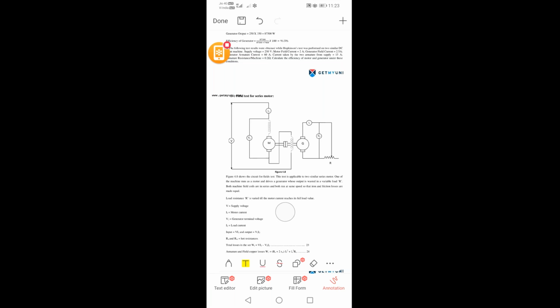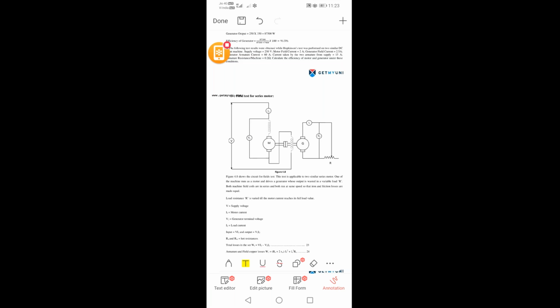Now in these two series motors, one of the machines runs as a motor and another one runs as a generator, and the output is wasted in a variable load R. So ఇక్కడ మనం అవుట్పుట్ అనేది ఒక రెసిస్టివ్ లోడ్ కి ఇస్తున్నాం, right? Now both machines' field coils are in series and both run at the same speed. Why?